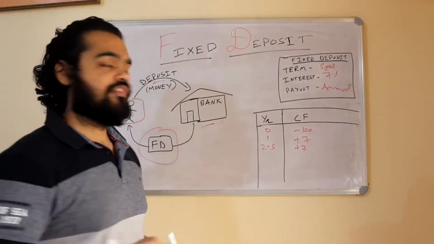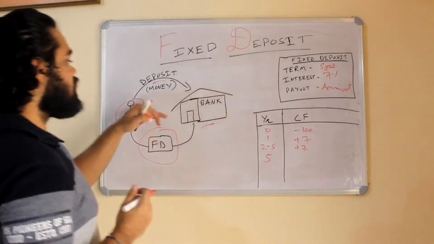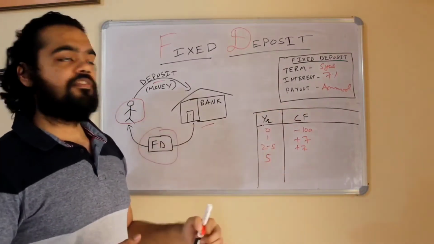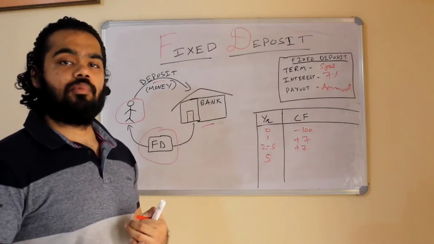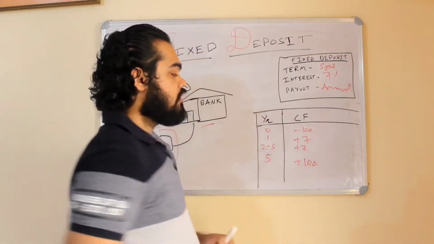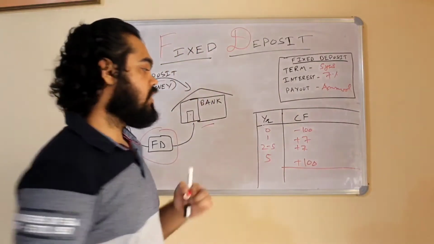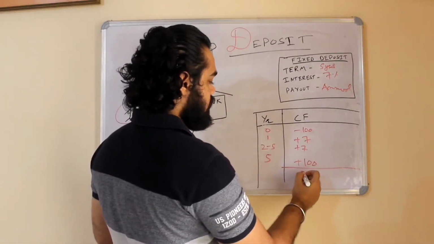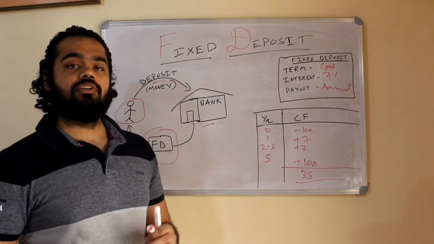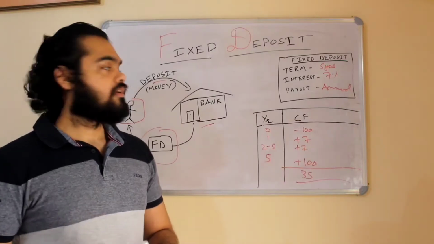Now at the end of the fifth year, we'll also get our investment back because this was the amount that we paid to the bank to yield a return. And the term of the FD was 5 years, right? So after 5 years, the bank will return us the initial deposit that we made with the bank. So we'll have rupees 100 back with us. So just in numerical terms, the total interest we get would amount to approximately 35 rupees. So we'll get 35 rupees return over the period of 5 years from this FD. So this is how a FD instrument works.